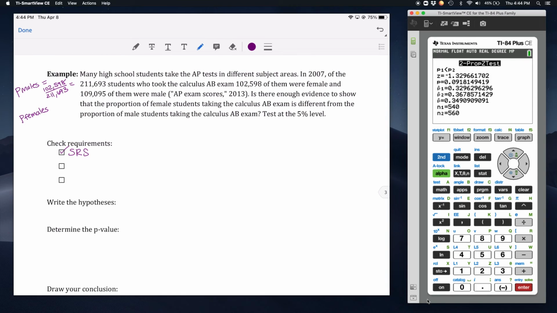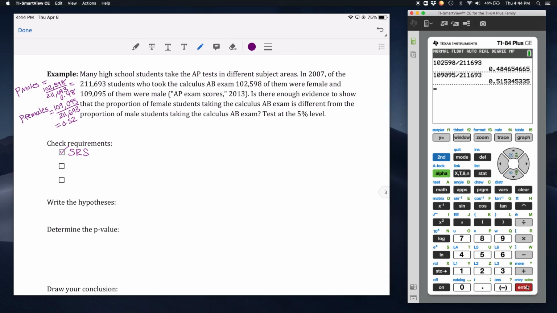So as we divide these two numbers, 102,598 divided by 211,693, we end up with 0.48, which means the females should be the other proportion of that, so like 0.52, but let's just double check. 109,095 divided by 211,693. Sure enough, that is.